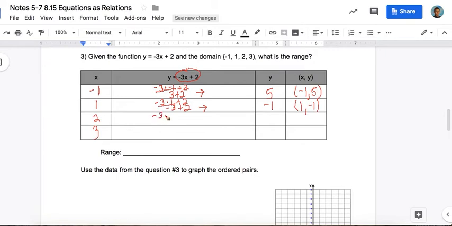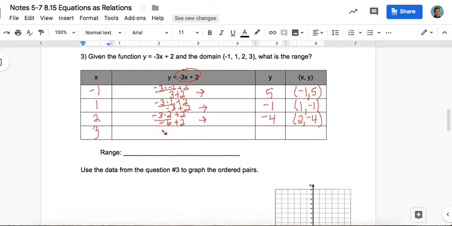Then negative 3 times 2 plus 2. Order of operations tells me to do negative 3 times 2, which is negative 6. Bring down the plus 2. And negative 6 plus 2 is negative 4. So we're going to write 2, negative 4.